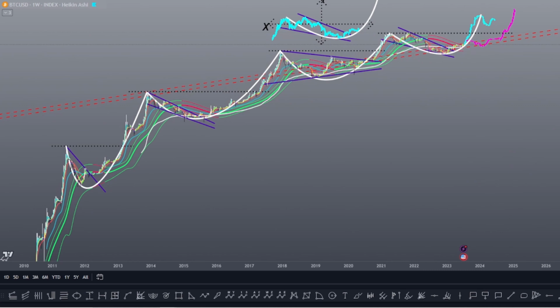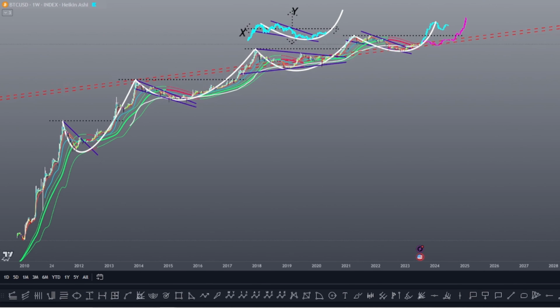I'll zoom out a little bit to show the actual progression over time here.